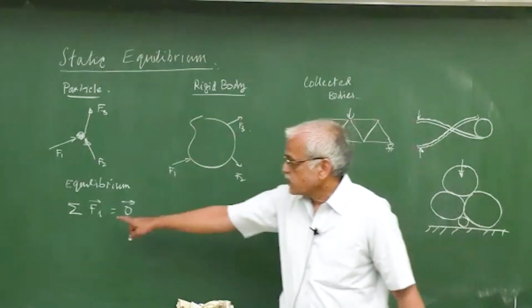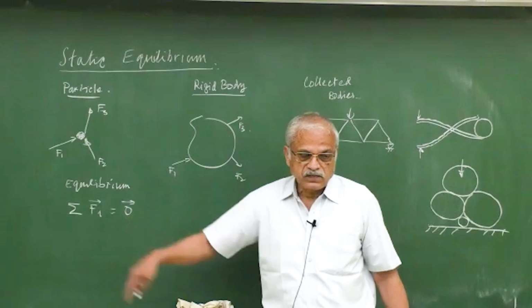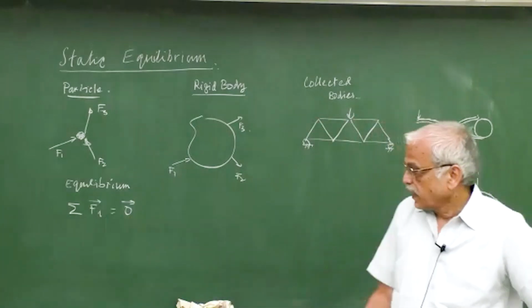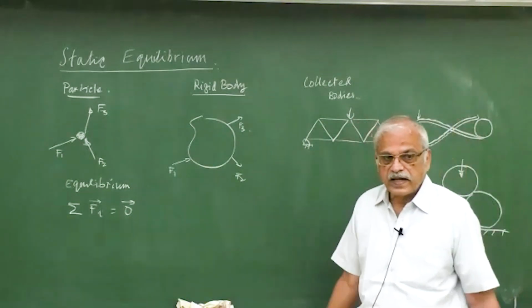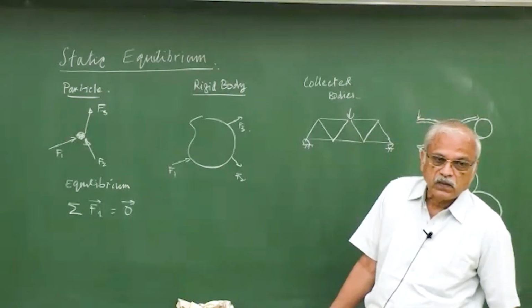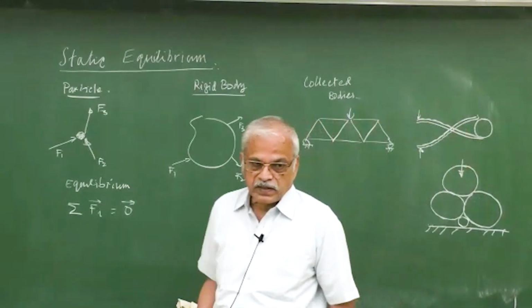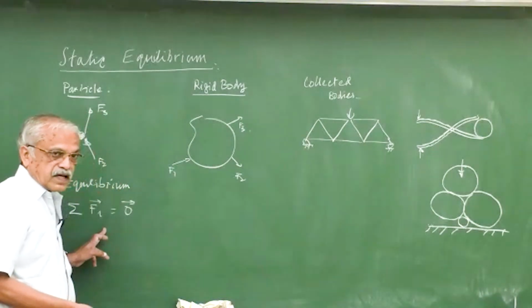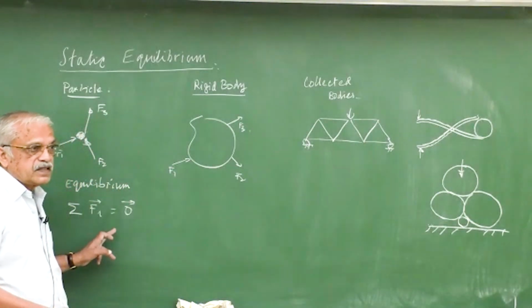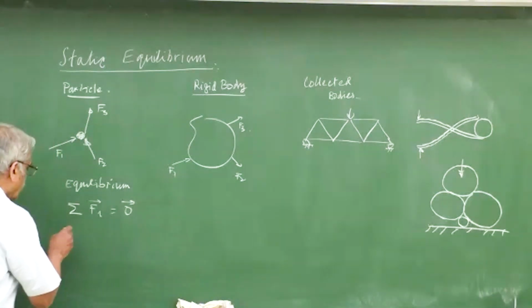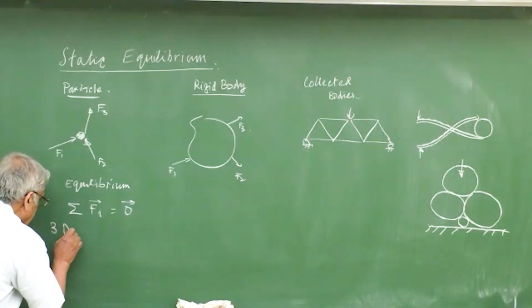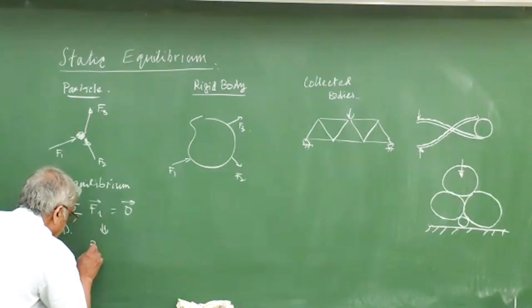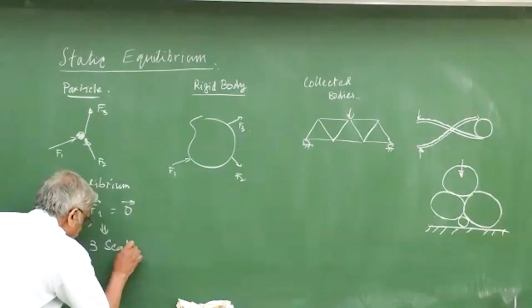This is a vectorial equation, and this vectorial equation, in one dimension, is only one equation, only in the x direction. If it is two dimensions, it can be two scalar equations. And if it is in three dimensions, in space, it is equivalent to three scalar equations.